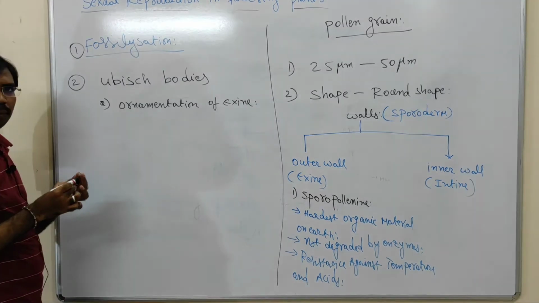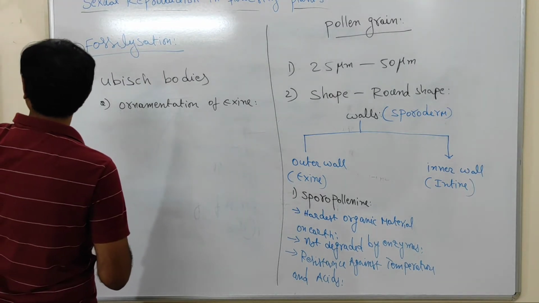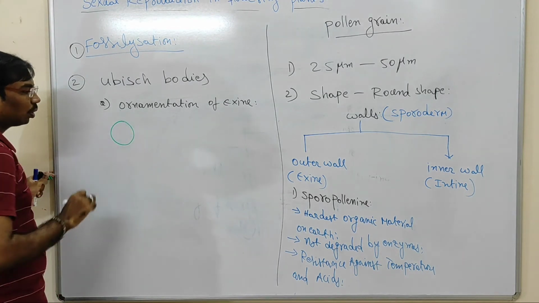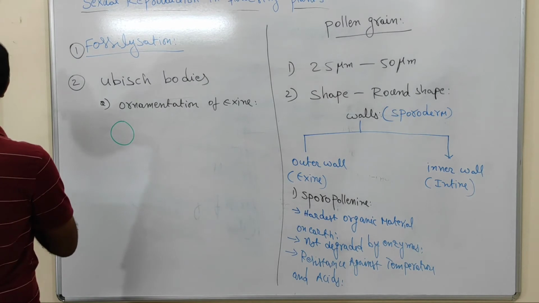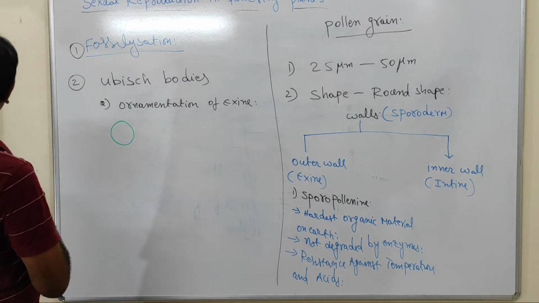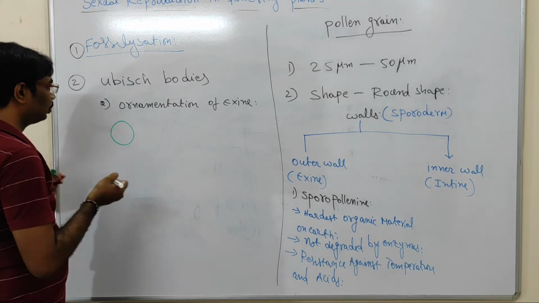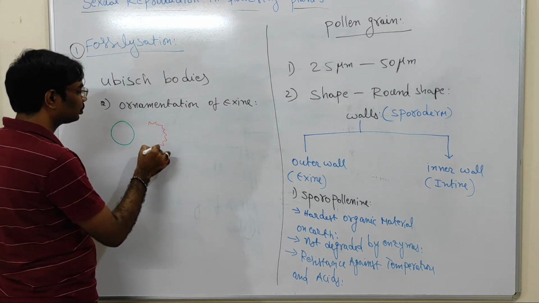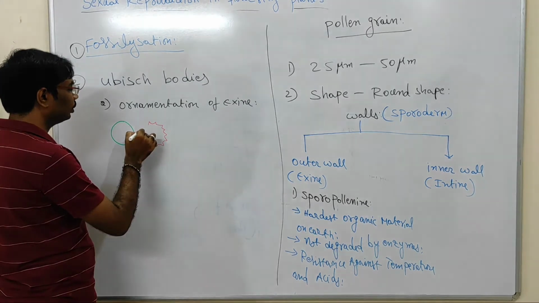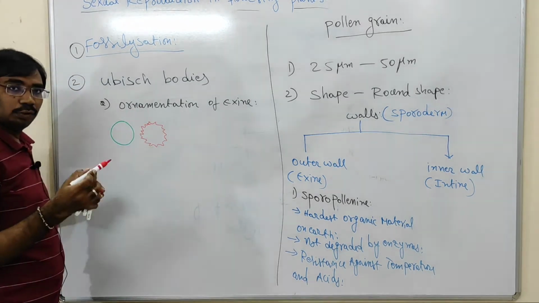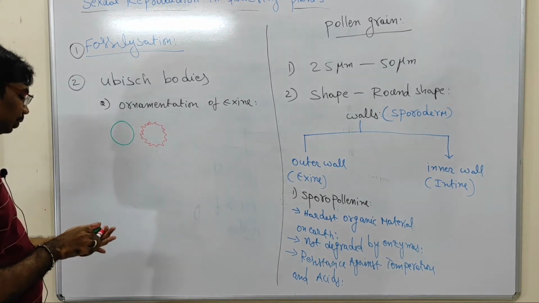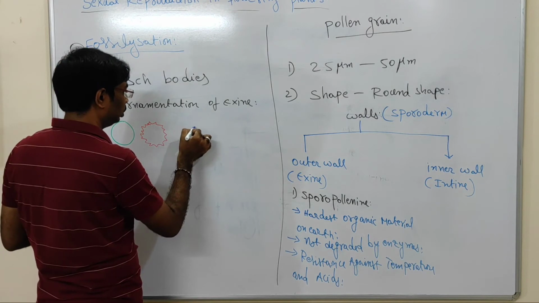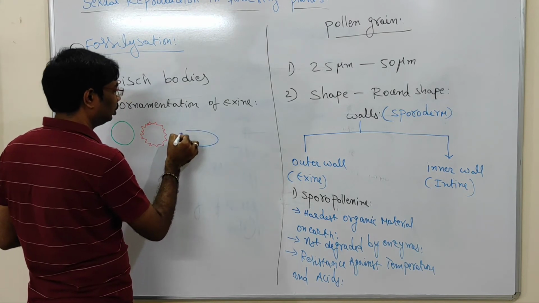If you see different pollen grains, they have different shapes and sizes. Suppose this is one pollen grain, a round-shaped pollen grain, and some pollen grains have spikes on their surface. Like this pollen grain, it has spikes on the surface. If you see some other pollen grains, they may have an oval structure.